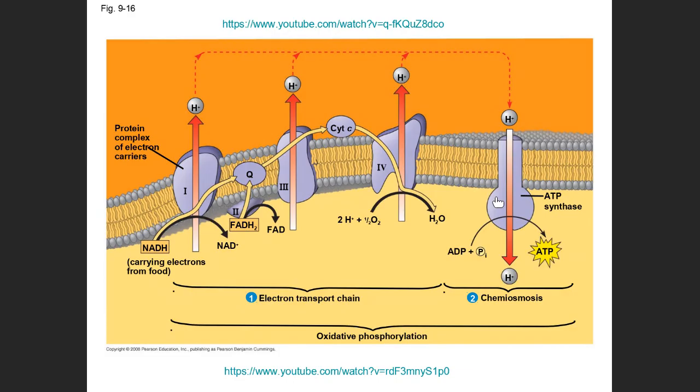When you donate electrons later in the chain, fewer hydrogens and therefore fewer ATPs. And that's why we see the difference between the amount of ATP produced by NADH and FADH2.